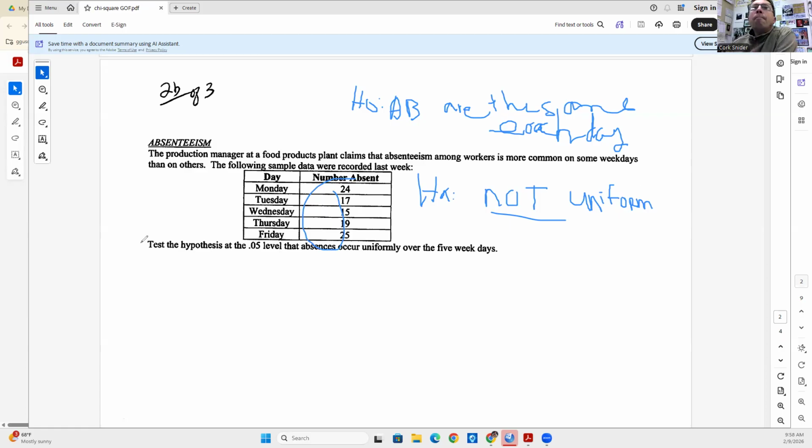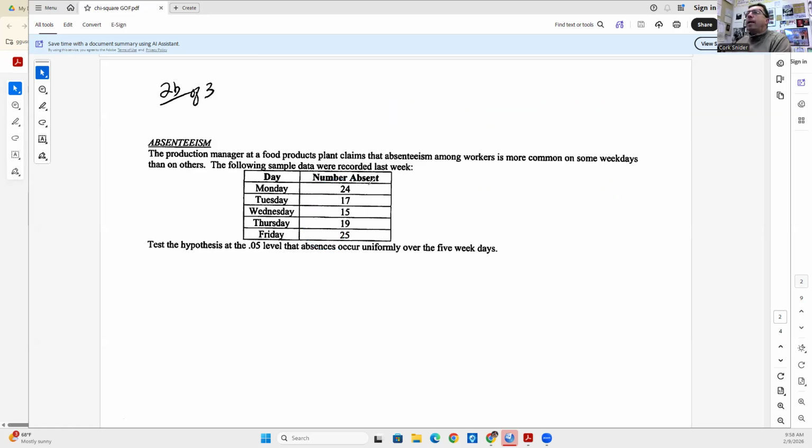Now, clear that. The conditions for this, I'm not going to write these out. You're going to write: we have a representative sample of days. This is 100 days, so there's at least 1,000 days to pool from, 10 times the sample size. All of the data is independent.